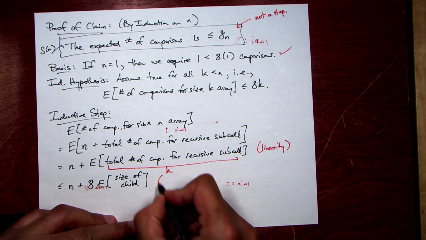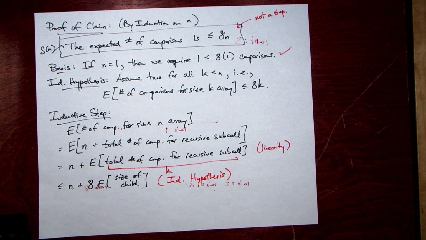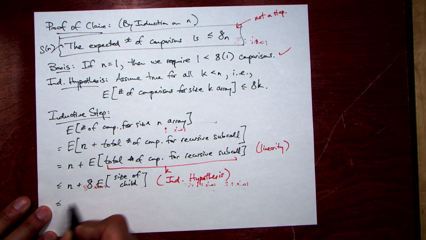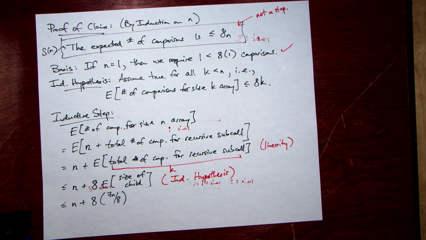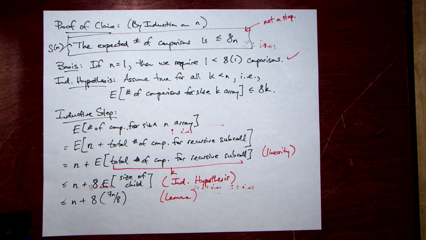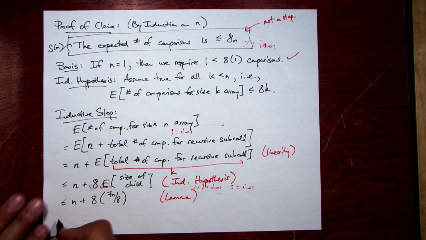So this is from our inductive hypothesis. And the expected size of the child is less than or equal to 7/8 n. And the 8's cancel out, and we end up with n plus 7n, which is 8n.